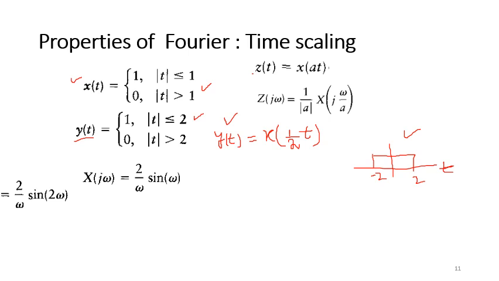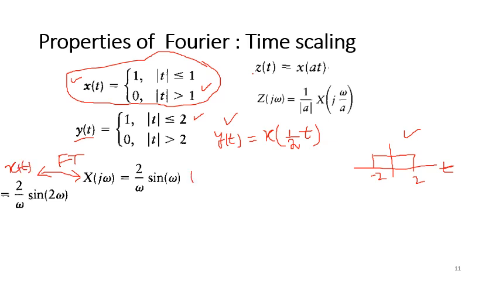Or we can also use this one, because we know that the Fourier transform of x of t, which is again a pulse, is this, right? Because we actually need to find the Fourier transform of y of t, right?